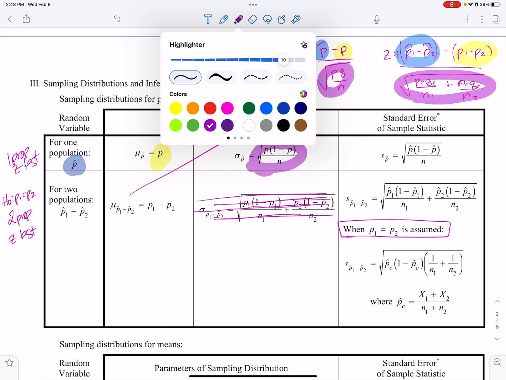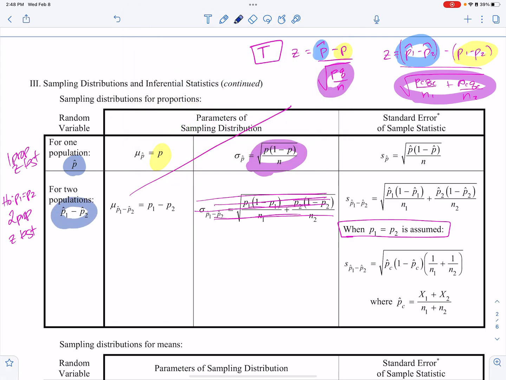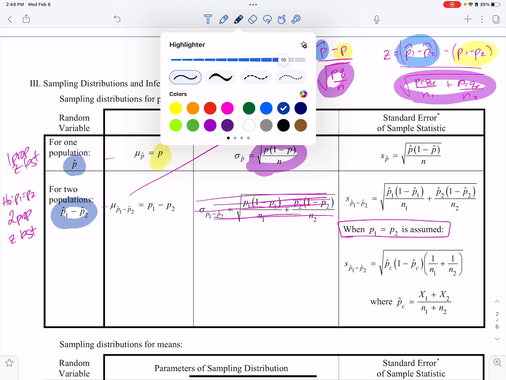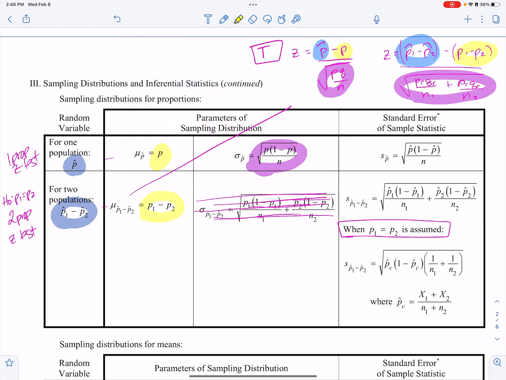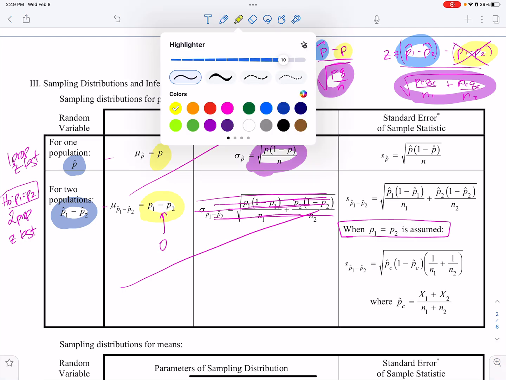So same order. There's P1 hat minus P2 hat, minus P1 minus P2. Remember, because they're equal in all of ours, that's always 0, so this always cancels out. And then divided by this here. Purple.